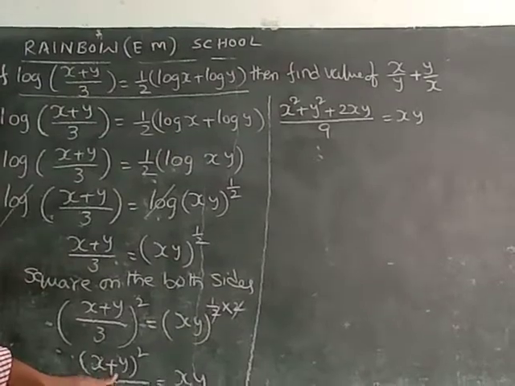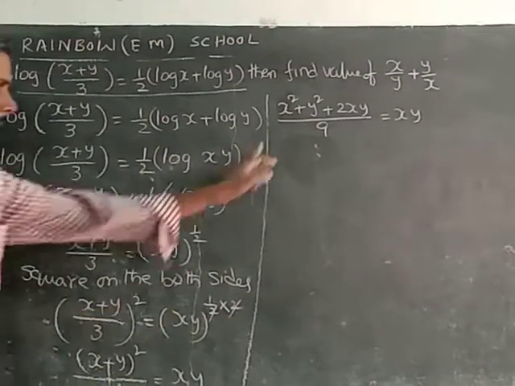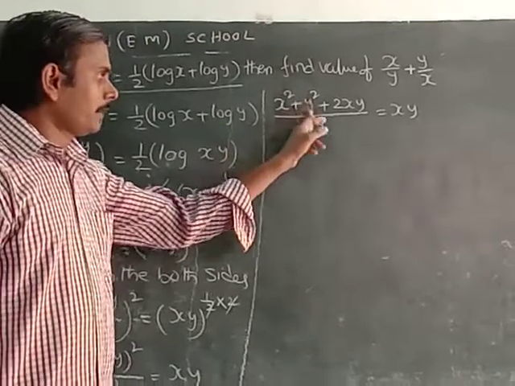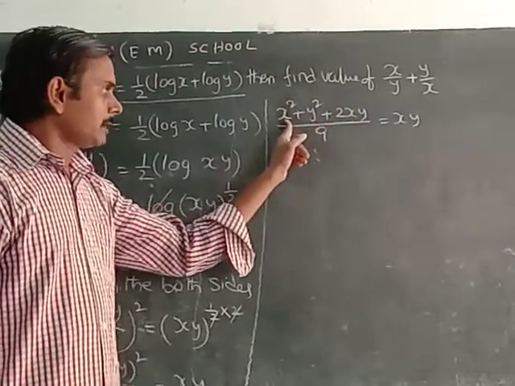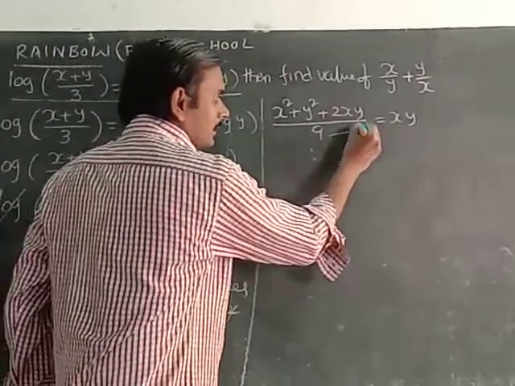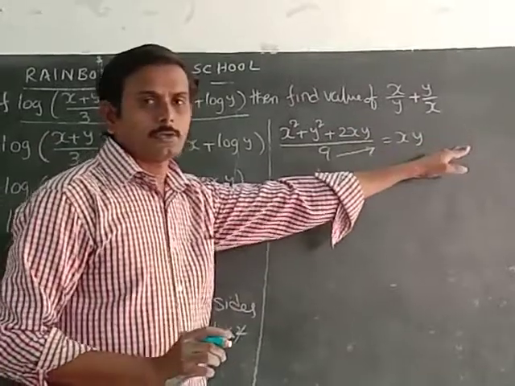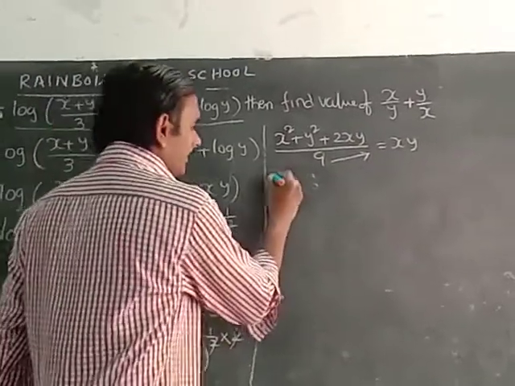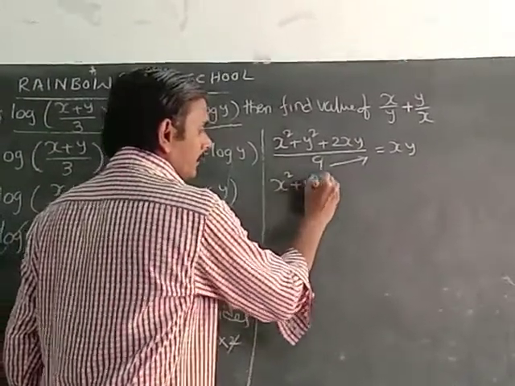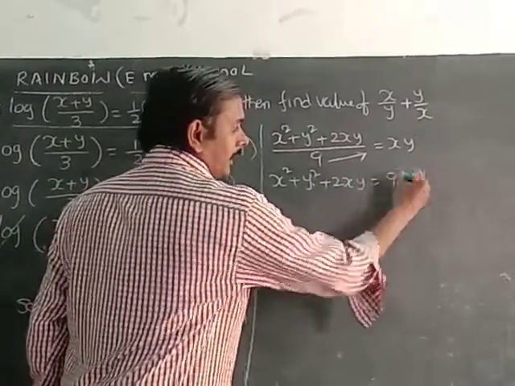Here I applied the (a plus b) whole square formula, a square plus b square plus 2ab, where a means x and b means y, and 3 into 3 is 9. Now move this 9 to the RHS. It is dividing here, on going to the other side it will multiply. That means x square plus y square plus 2xy equals 9xy.